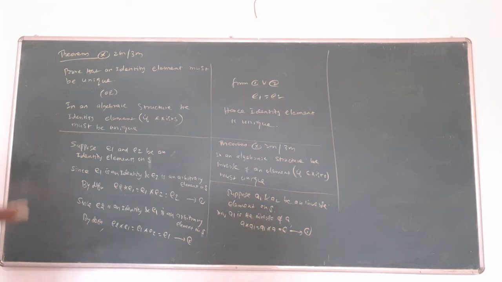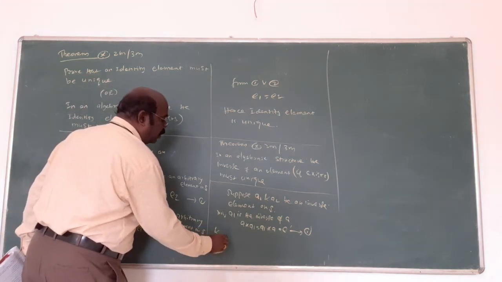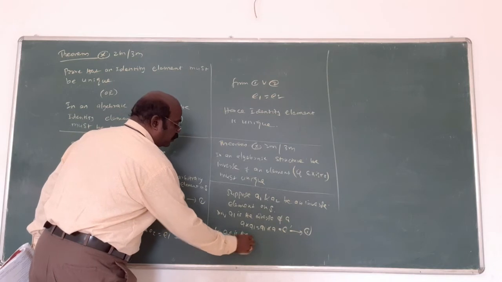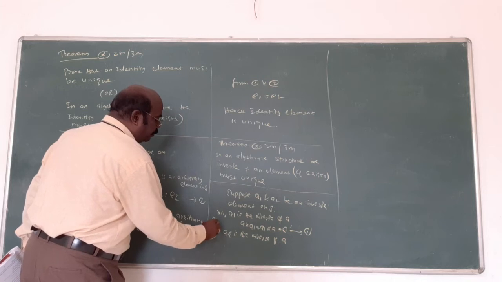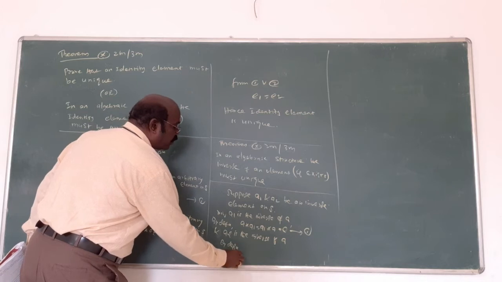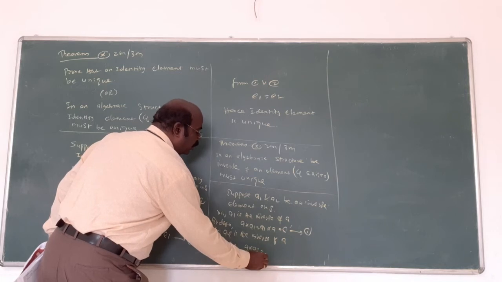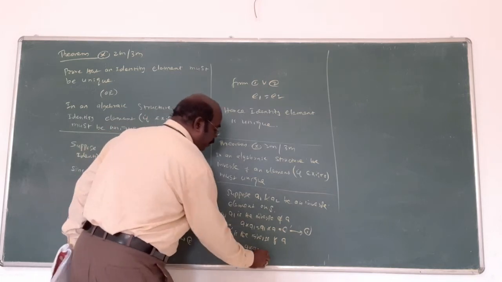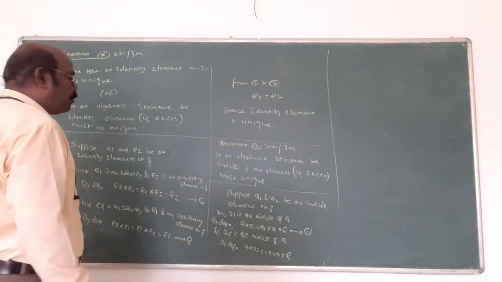Similarly, A2 is the inverse of A. Again, by definition, A with A2 equals A2 with A equals E. Am I right? This is 2.